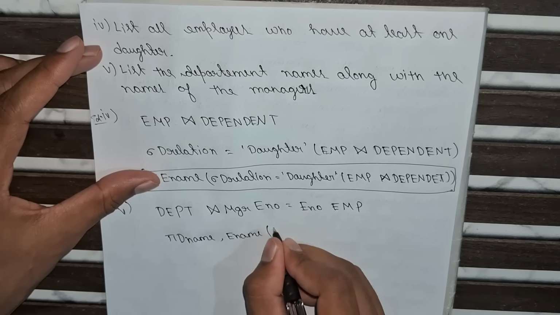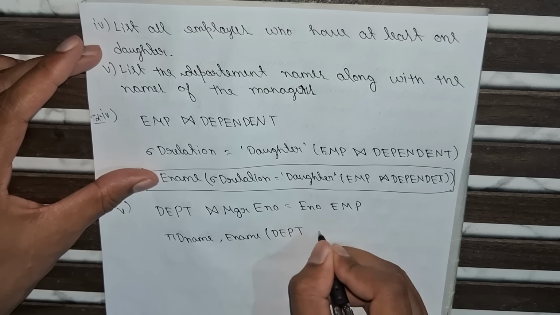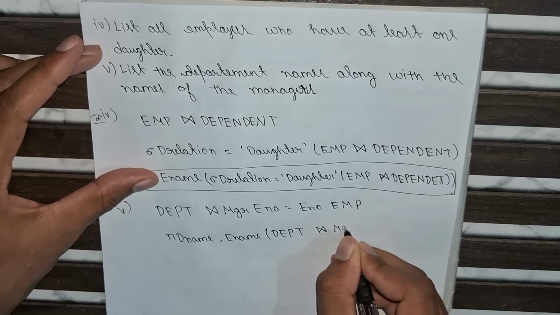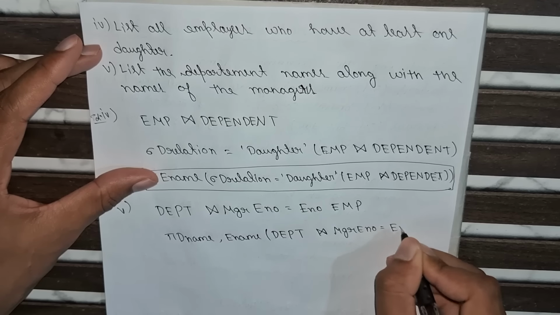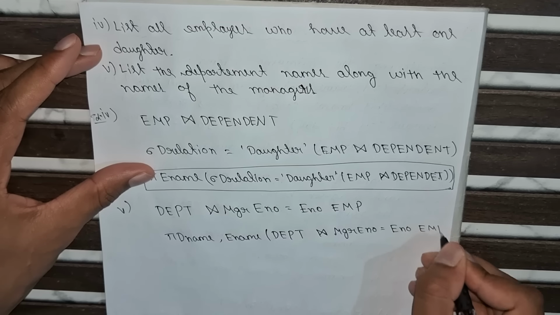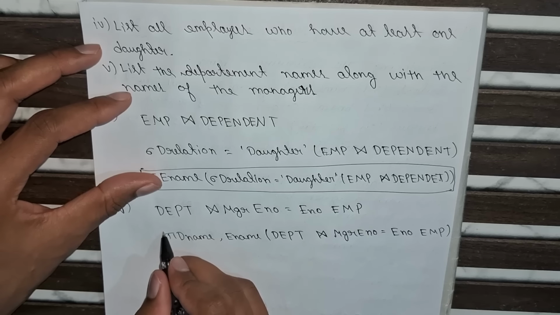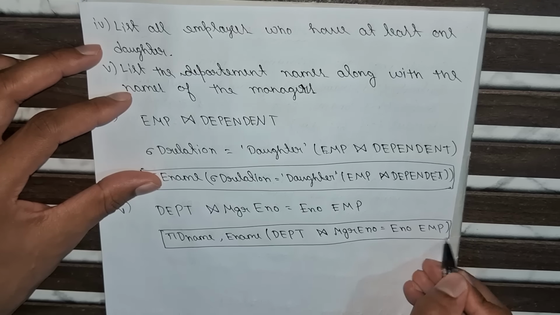So then again we will do the same, department join manager employee number, which is nothing but employee number, because managers are also employee of the company. Then employee. So like this you have to represent for the fifth one. This is our final answer for the fifth one.